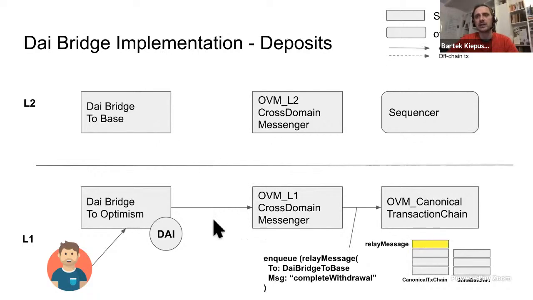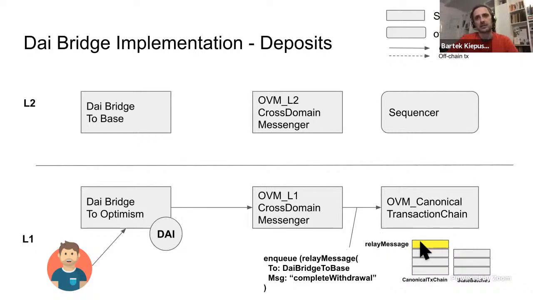And the way it works, it inserts this transaction directly into the canonical transaction chain. It's almost like a backdoor, if you like, and you can use this backdoor for your own transactions as well if you feel that the sequencer is censoring you or whatever. But this backdoor is extremely important in the whole construction.